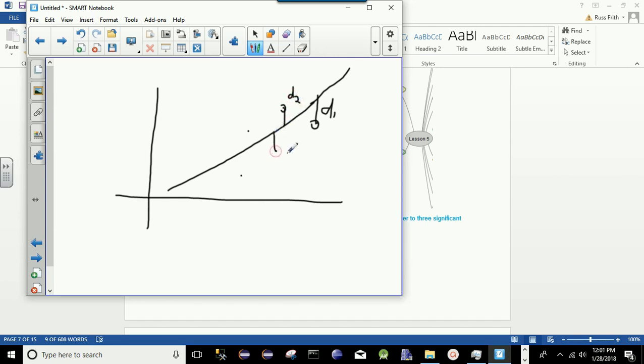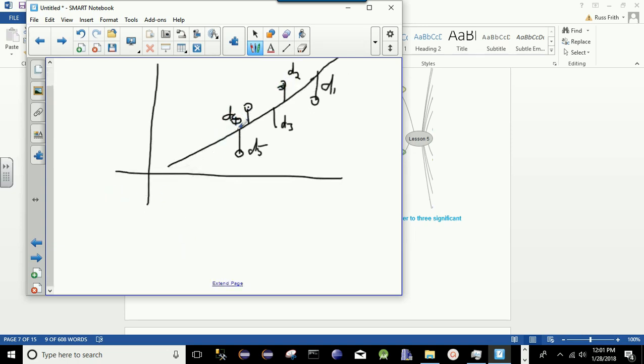The distance from this point to the line, we'll call D3, then D4, and D5. All right, so we have all these distances. The circled dots are the actual data, and this is your regression line, the estimate of the model line that fits the data. So what we do is we calculate this sum.